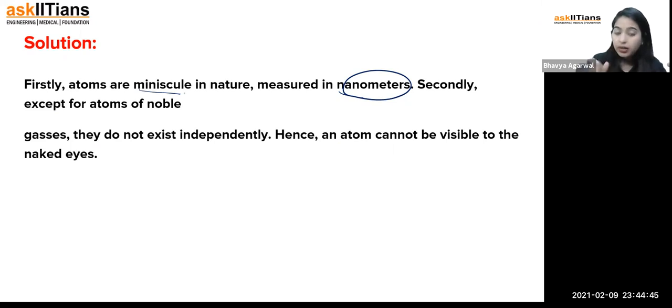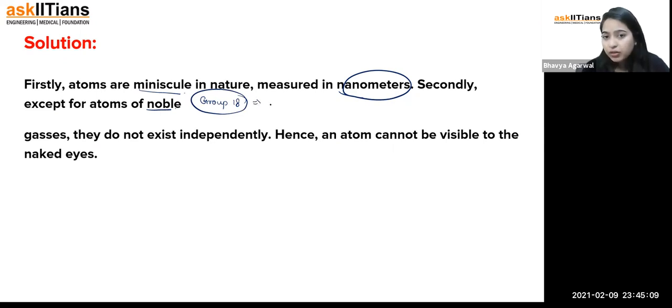Now, we have a second reason too. So what is the second reason? The second reason is that except for the atoms of noble gases. Now what is a noble gas? Noble gases are highly stable gases, which are a part of group 18 in the periodic table.